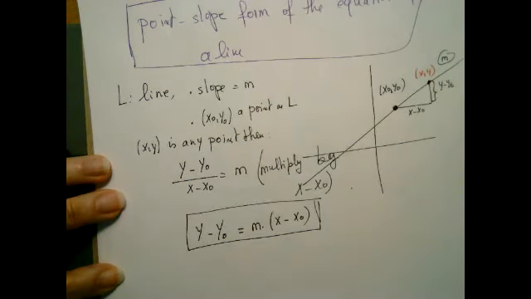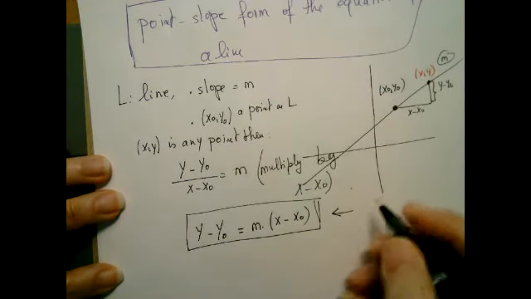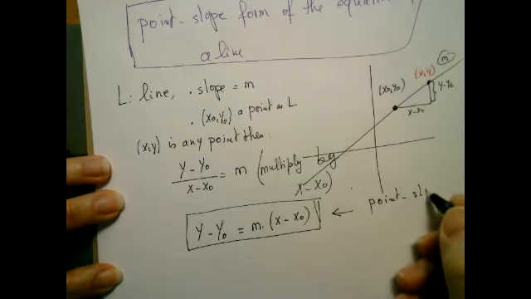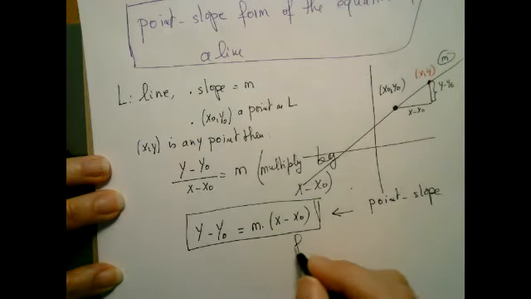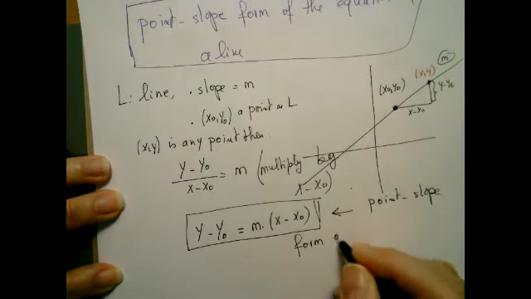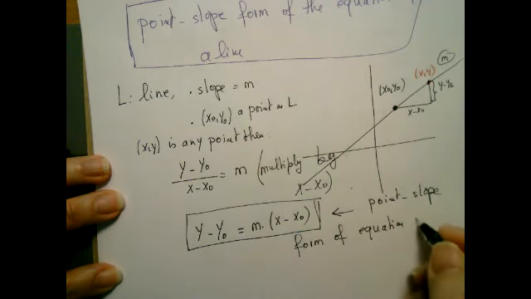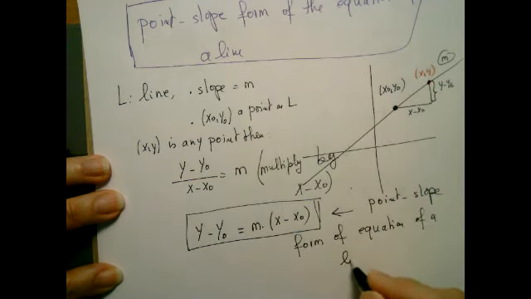Totally memorize this. This is called the point slope form of the equation of a line. So it's a form that will help us to find the equation of the line fairly simply.